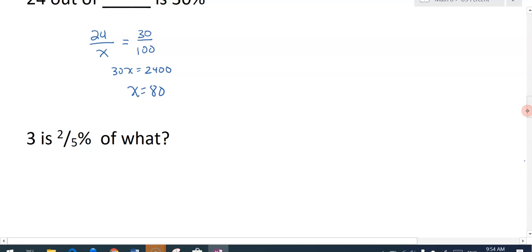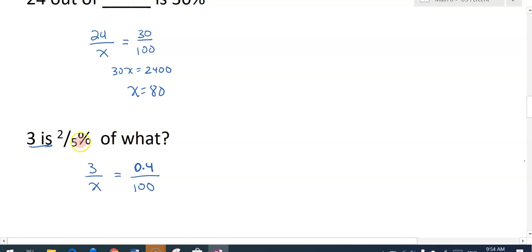3 is 2/5% of what? Well, the 3 is the part of something. Again, we don't know. 2/5%, well, the 2/5 is out of 100, right? We can leave it as a fraction 2/5, or since it's a terminating decimal, rather than writing 2/5, we could always write 0.4, right? 2 divided by 5.